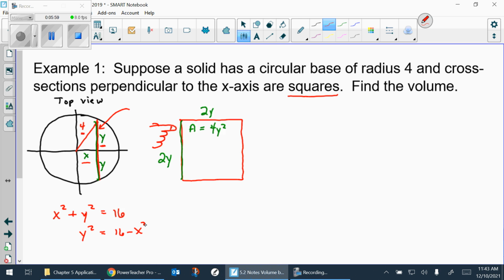And that's going to help me come up with an expression for the area in terms of x. I'm going to take 4 times y squared, 4 times 16 minus x squared. I'm going to say that the area is 64 minus 4x squared.